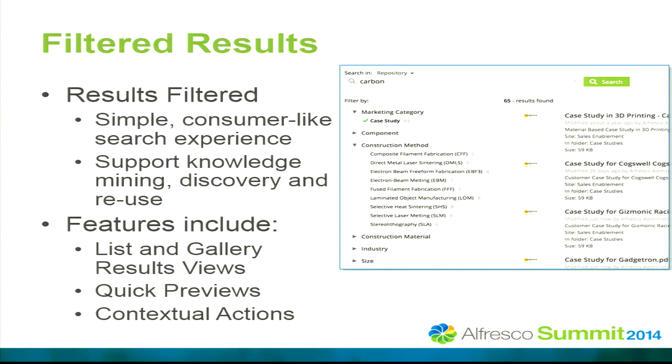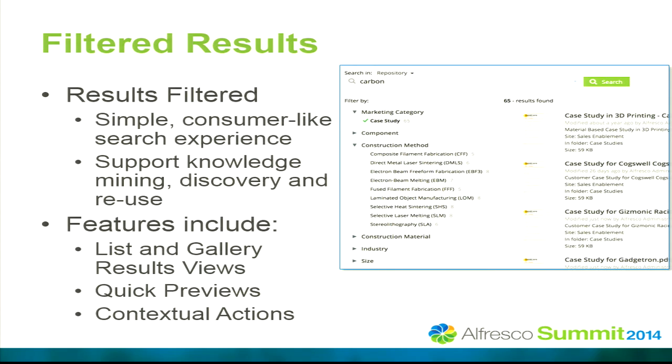A couple of other nice things in here: we've got different views on the results. We've got the traditional tabular style view, and also a gallery view. And something we've been looking to do for a while now is having actions on those search results. So you no longer have to click a document, go through the details page, decide it wasn't the one you wanted, and then go back and rerun the search to get back to the document list.